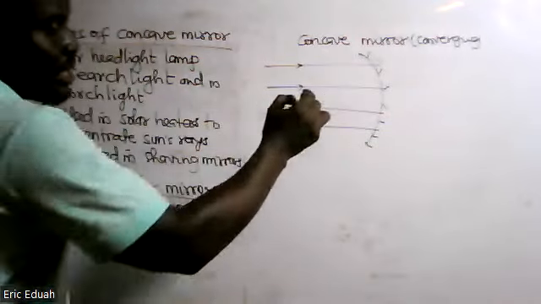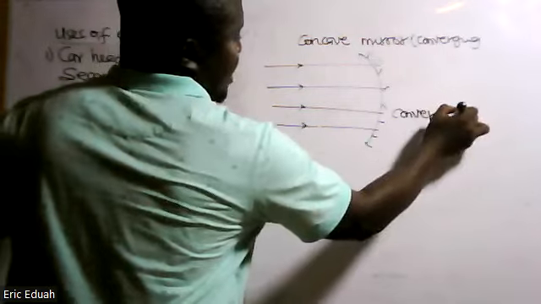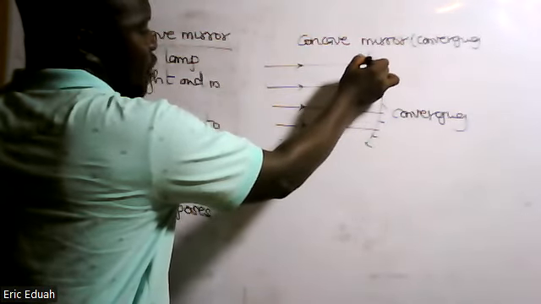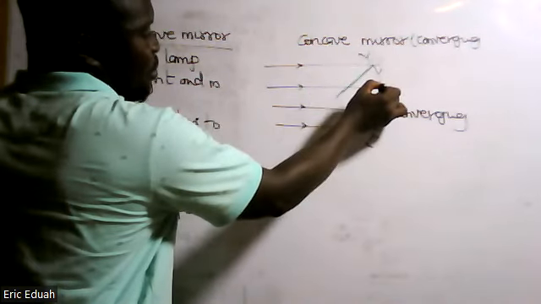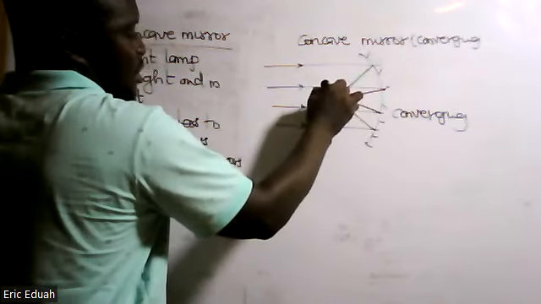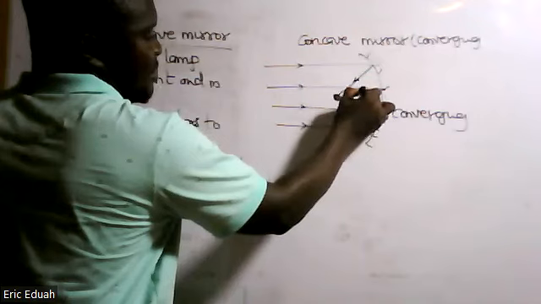This convergent or concave mirror has the ability to bring all of them, converge all of them at one point, at a common point, hence its name.